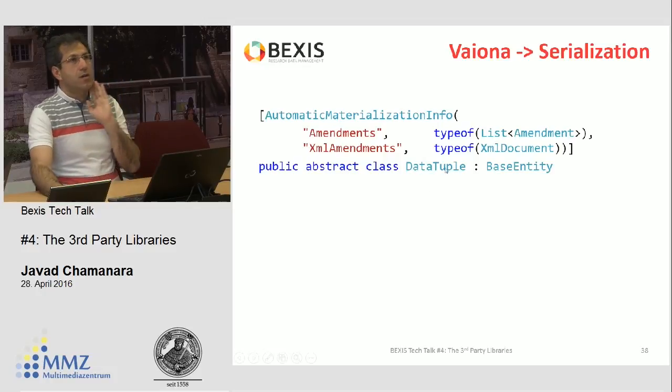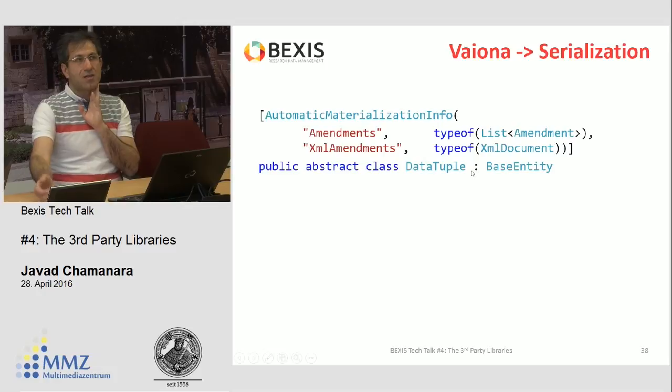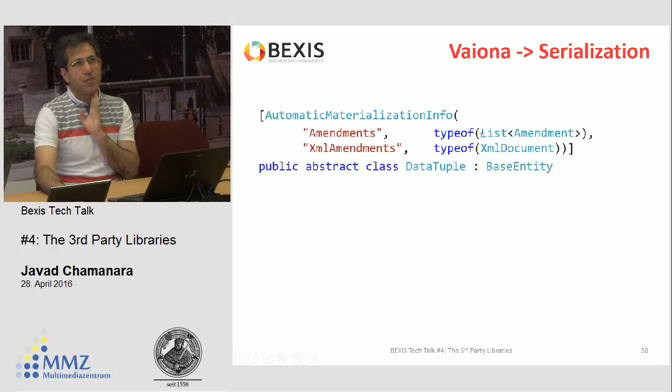So later when on this data tuple you call materialize, for example, it will read from the XML amendment and transform it to a list of amendment classes and put them to the amendments attribute.